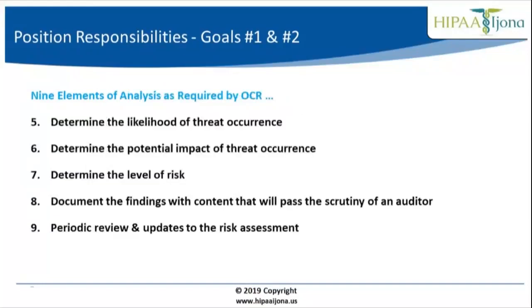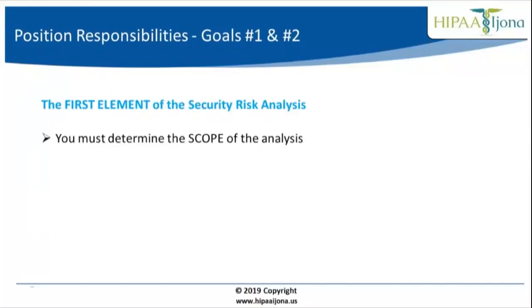Then you'll have to determine the likelihood of threat occurrences, the potential impact of a threat occurrence, and the level of risk of that threat occurrence, and document the findings with content that will pass the scrutiny of an auditor. We're going to talk more about that. That's very important. And you're going to have to do periodic review and updates to the risk assessment. That's how you have to think about it. That's how the OCR is going to judge you.